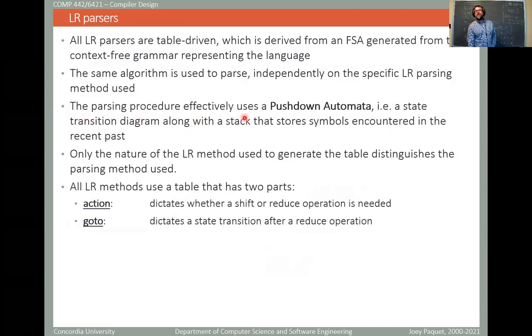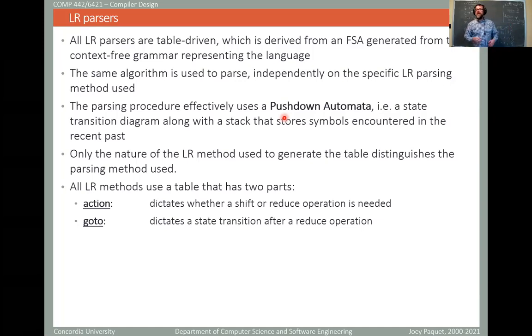So this is essentially using a push-down automata because it's using an automaton. So it's a state transition-driven procedure, but it also needs to use a stack in order to remember some information as to basically what path it took in this FSA, and that at some point in time, it's going to want to go back, basically to backtrack some of the state transitions that it made, and then start back and take another path, and so on and so forth.